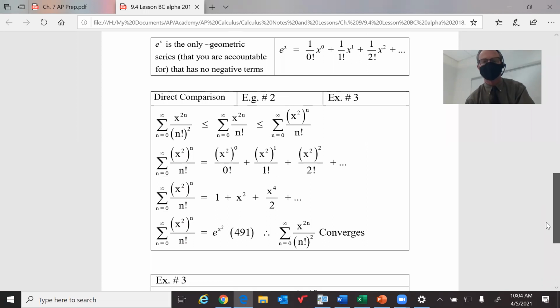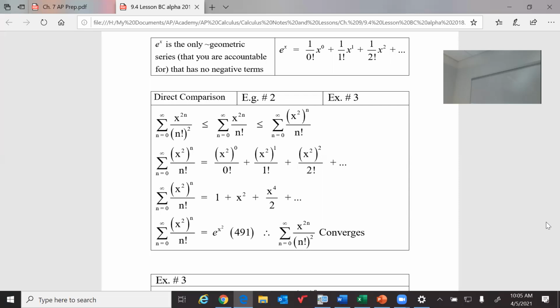Now, this is what was not on the PowerPoint. It's the same problem, but they didn't take you through the work. So I'm telling you, e to the x is the only non-geometric (the tilde means not geometric) series you're accountable for that has no negative terms.